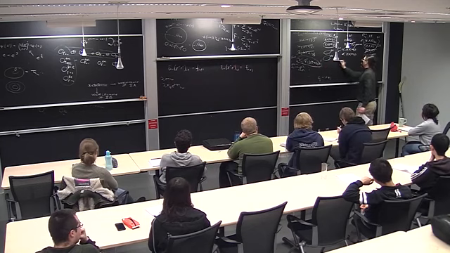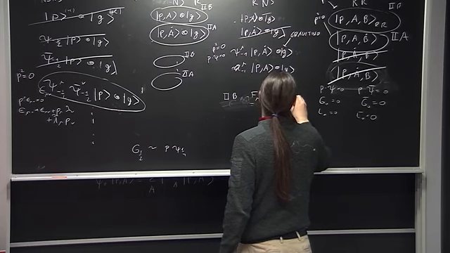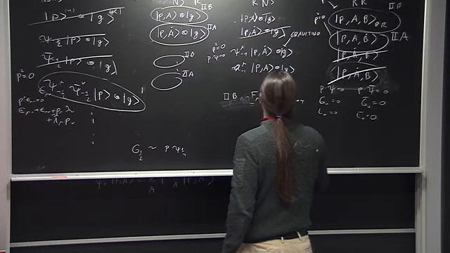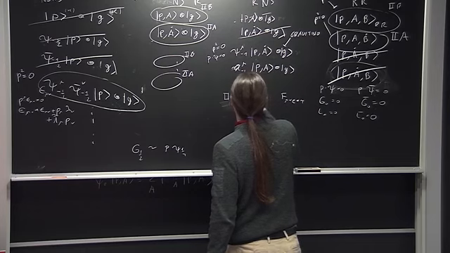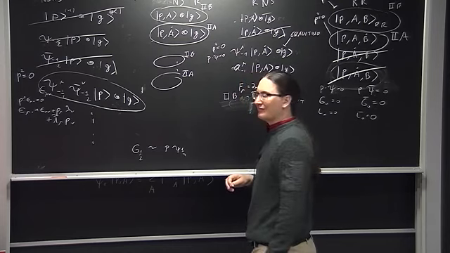Right, so in type 2B, there are field strengths that look like F mu nu rho, F mu nu rho sigma tau, and F mu, which is secretly the gradient of an axion.